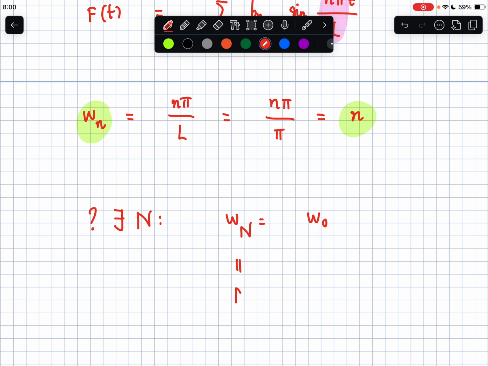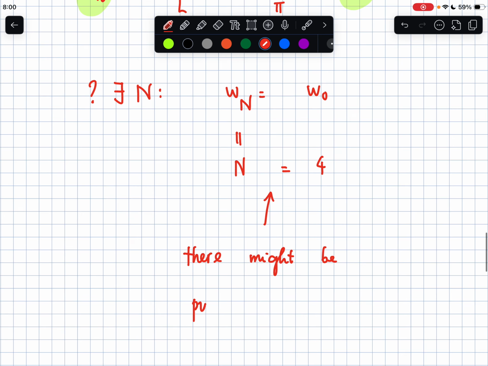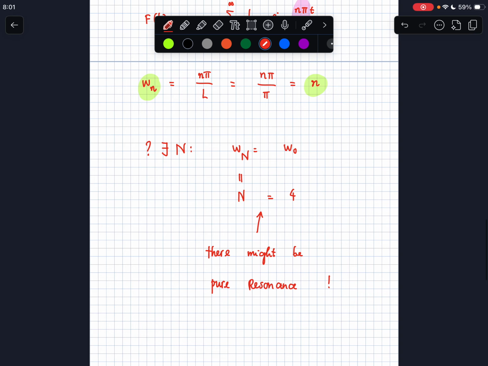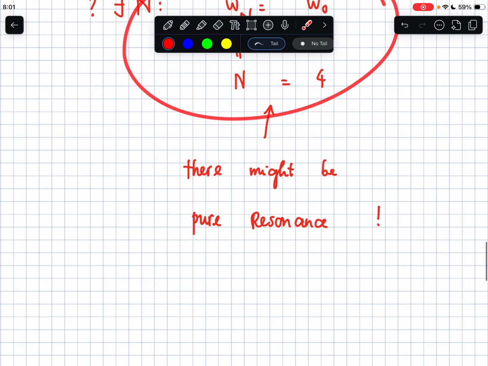There might be pure resonance, under the condition that the coefficient corresponding to that omega n is non-zero.